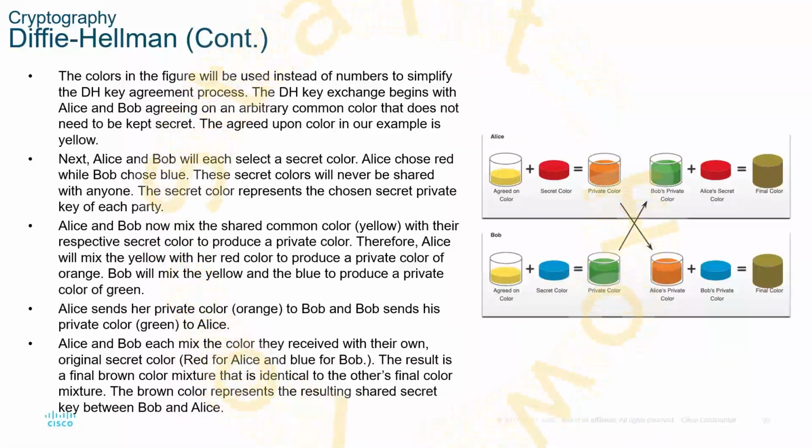Basically, within a DH key exchange, beginning with Alice and Bob, we agree on a certain color, we can then add a secret color, and from there we get a private color, or a combination of the agreed color and our secret. From there, we can figure out our private colors, and looking at our secret color messages, we are able to decipher what the final color should be.